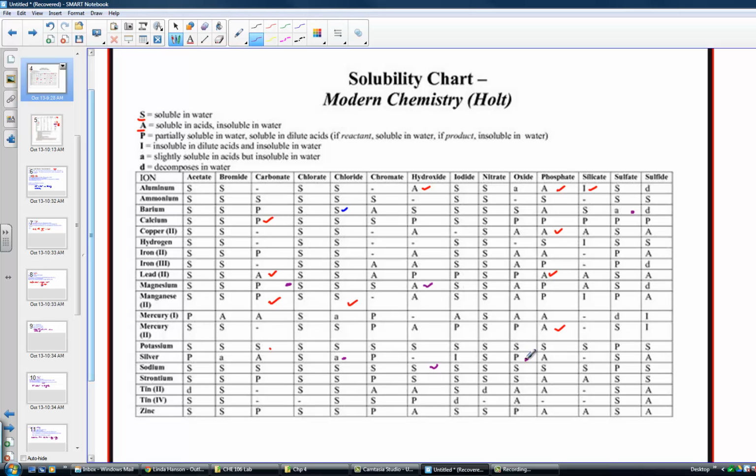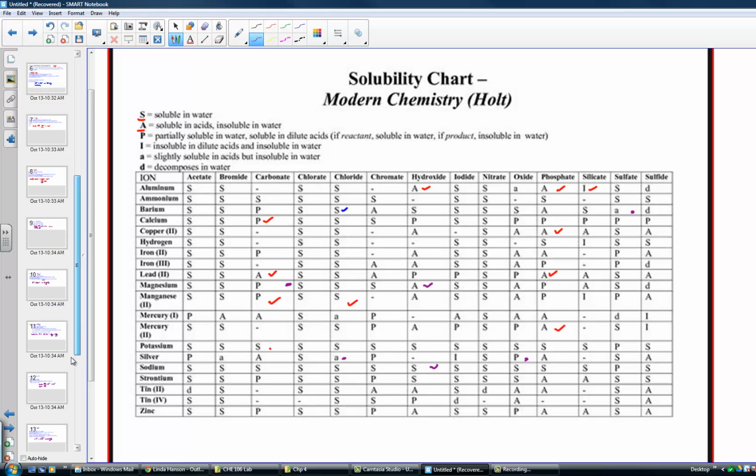Now that can be used to tell them apart. P means it's insoluble in water, insoluble in acid. But the little A here says insoluble in water, but it will dissolve in acid. So that's my test to distinguish between a chloride and an oxide of silver, noticing that one has a little A and the other has a P. The acid test will be used to distinguish the two.